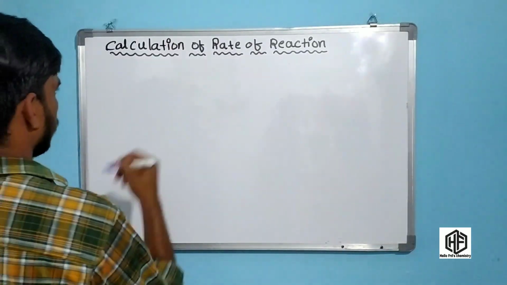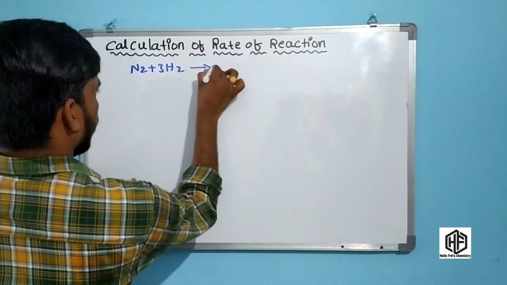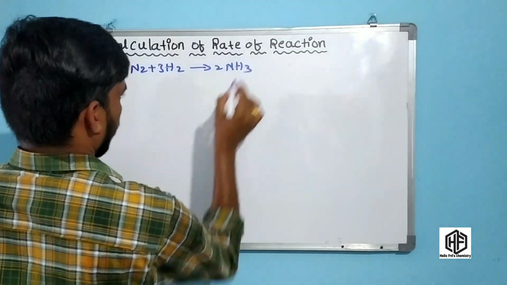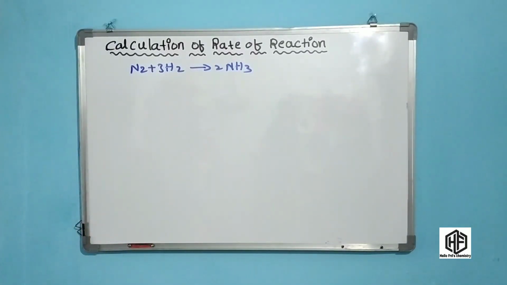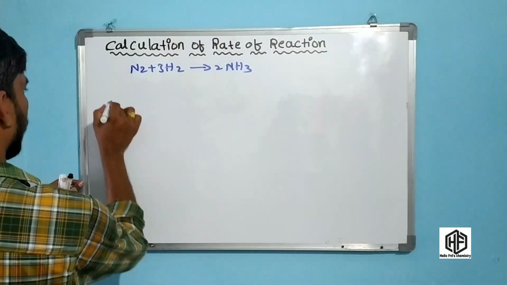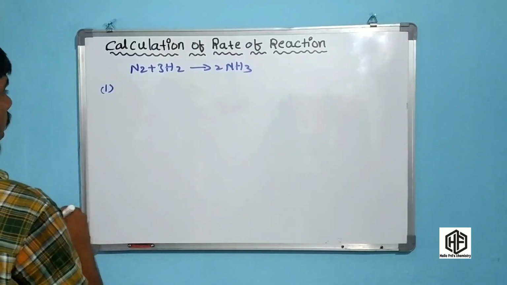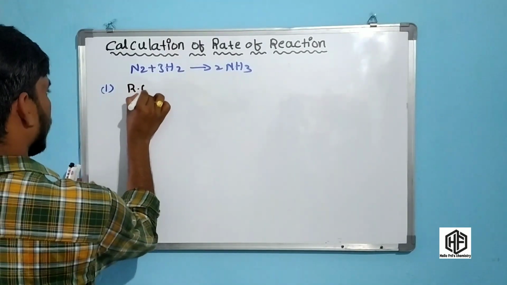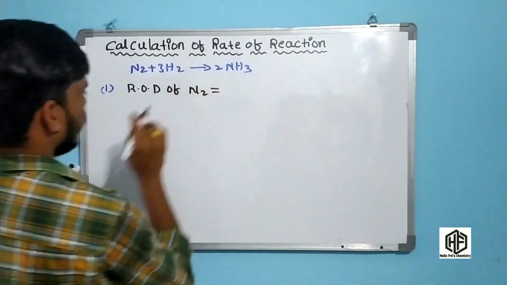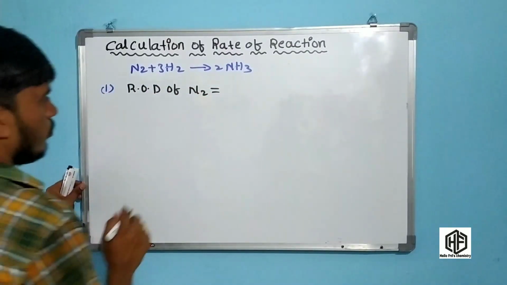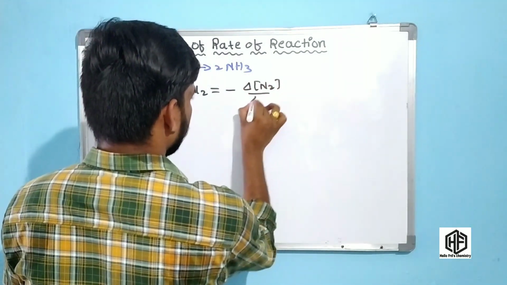Friends, one more important example: N2 plus 3H2 gives 2 moles of NH3. Calculation of rate of reaction for this example. First, the rate of disappearance of N2. The general formula for the rate of disappearance of N2 is minus change in concentration of N2 by change in time.